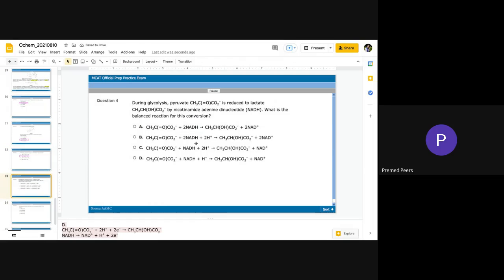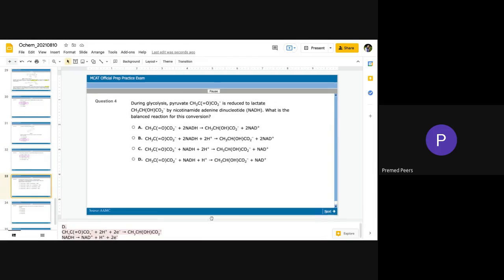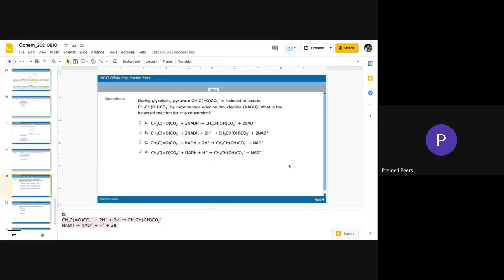And then question 4, which I have prepared myself a little equation. So question 4 is D. You have to basically think about how many times you have to do reduction, how many hydrogens you need to add upon this carbonyl group. You can see that from this double bonded carbon to the oxygen, it's coming down, becoming an alcohol, and adding another hydrogen.